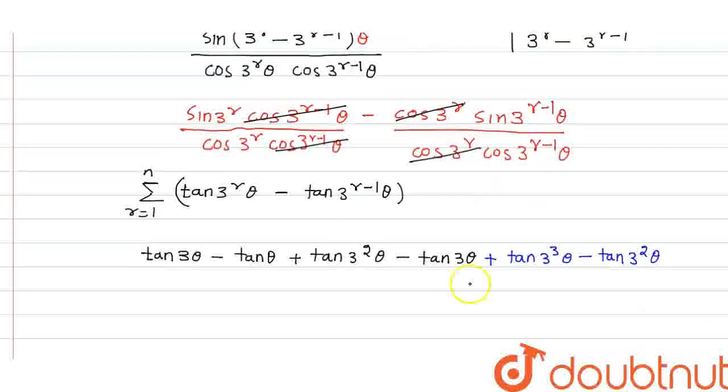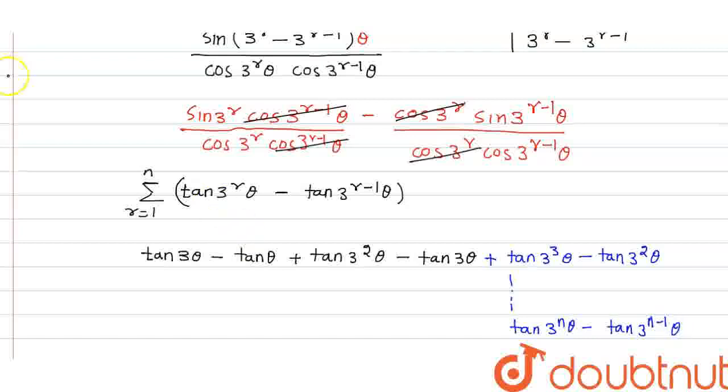Similarly, the last term is tan 3^n theta minus tan 3^(n minus 1) theta.